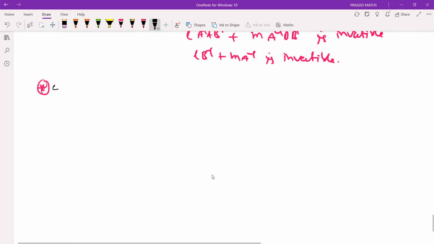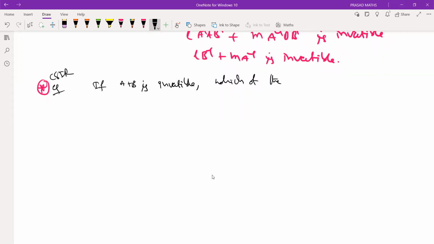Next, this is also a question asked in CSIR. If A plus B is invertible, then which of the following is true? Option A: A plus B whole power 100 is invertible.